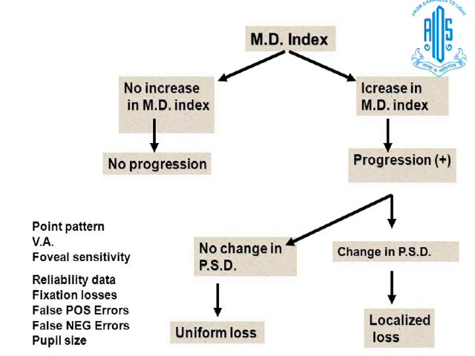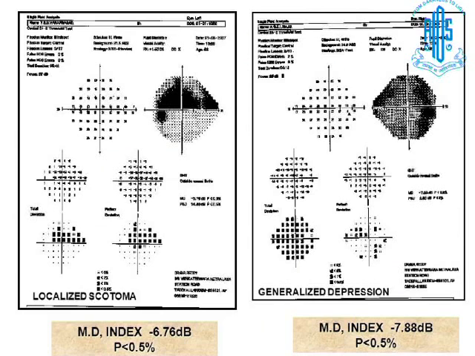What is the reliability data? How are the fixation losses? What are the false positives? What are the false negatives? What is the size of the pupil? All these things should be considered before telling there is progression. Even a 1% fixation loss can make a change between the fields.